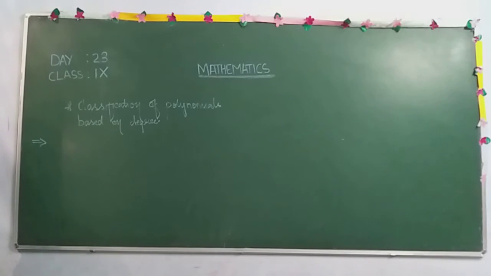If the degree of the polynomial is 1, what do we call such type of polynomials? That type of polynomials are called linear.